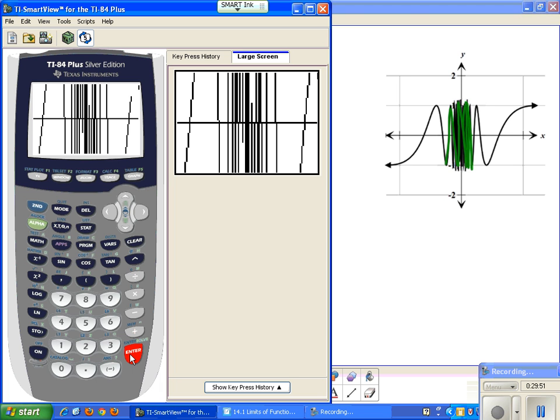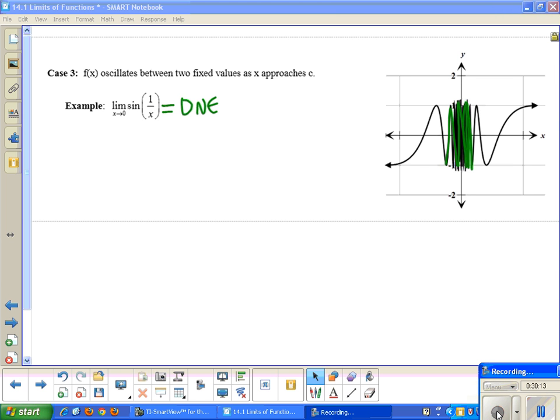So if I hit trace, at 0 we had nothing, but if you look from the other side of 0, it's approaching a negative value, and then the positive side, it's approaching a positive value. And if you put it into your table, you would also notice that you're approaching a negative and positive value, so therefore the limit doesn't exist.